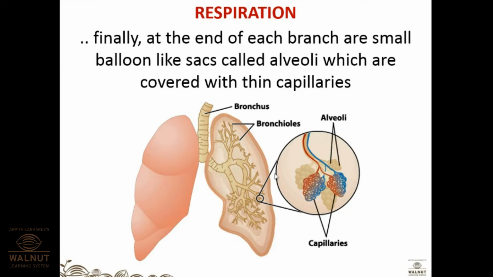Yes, for exchange of gases, because whatever oxygen you are taking during the process of respiration, that oxygen needs to be transported to each and every part of the body. But who will do that job? Who will do the job of transportation? Blood, the circulatory system. And that is why it is important that there should be a fine network of capillaries around alveoli or around any structure where an exchange is taking place.